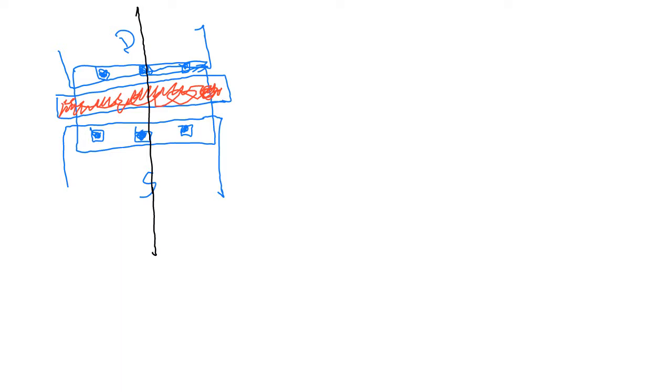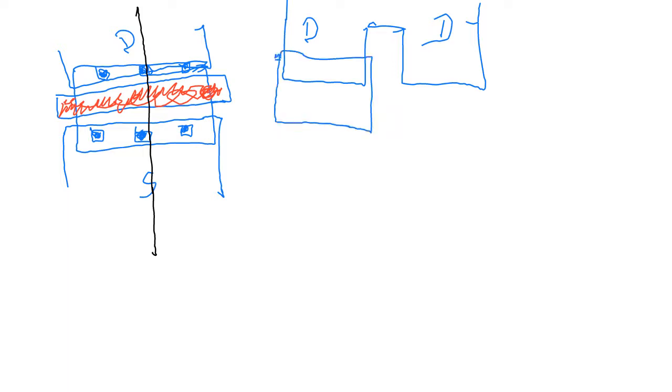Okay, so what we have is two different transistors. Okay, this is drain, drain. So drain, drain, and drain for the source. This is conceptual now.